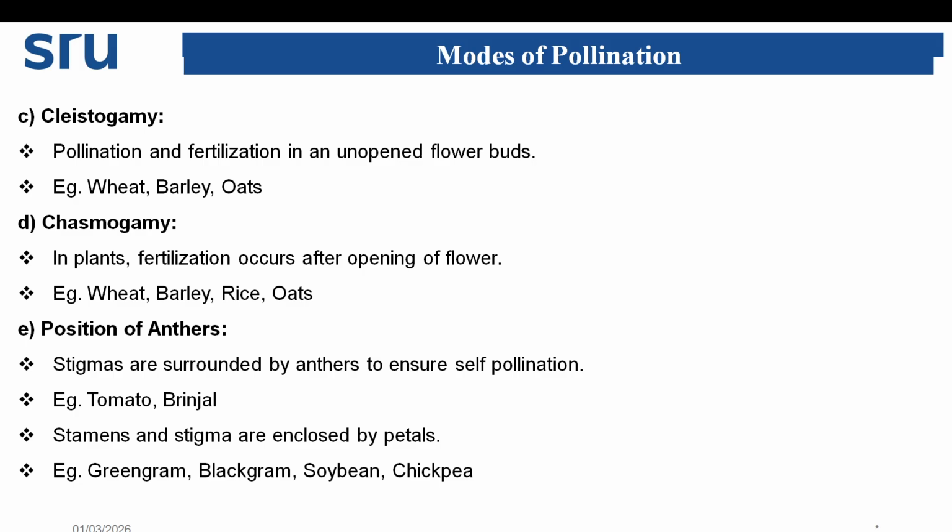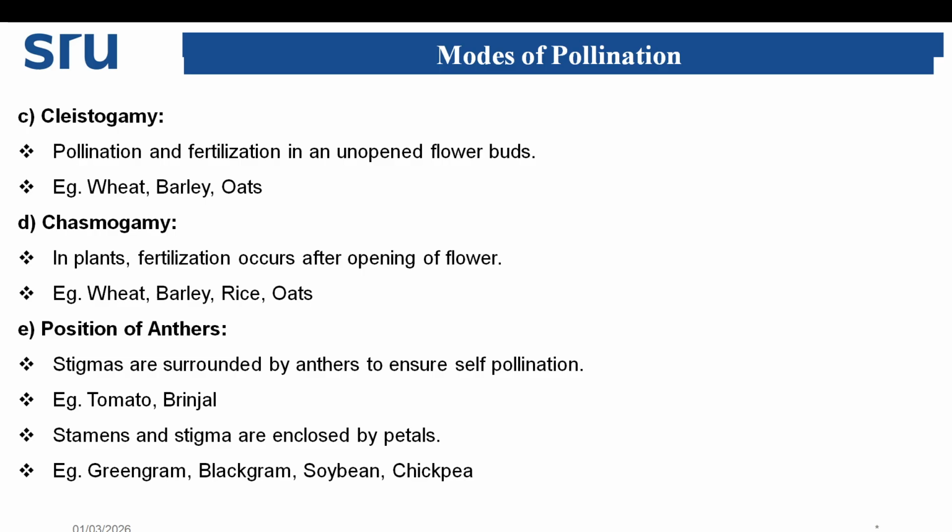What does position of anthers mean? It means the stigmas are surrounded by the anthers. When stigmas are surrounded by the anthers, ultimately it ensures self-pollination. This case you will find in tomato and brinjal, right?